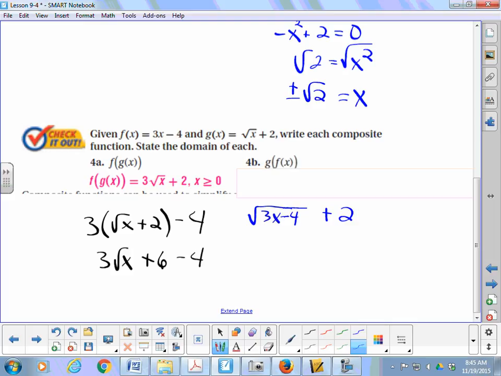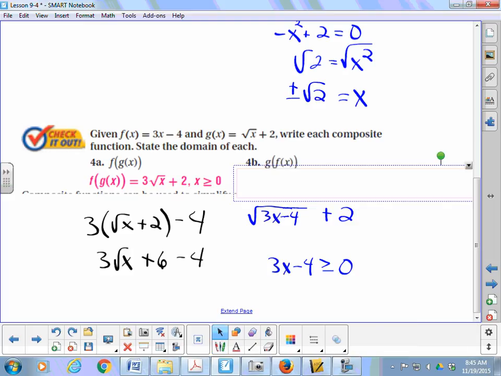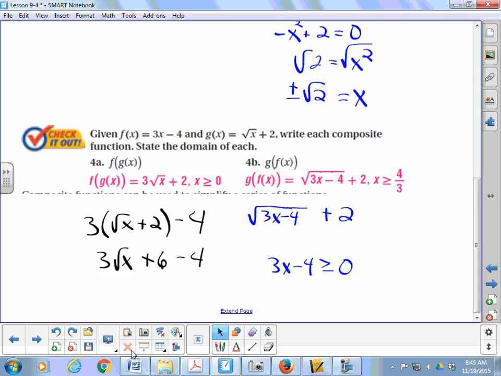And to find the domain, 3x minus 4 must be greater than or equal to 0, so I have to solve that inequality, because I can't take the square root of a negative number. So I write it as an inequality and then solve it, and we get x is greater than or equal to 4/3.